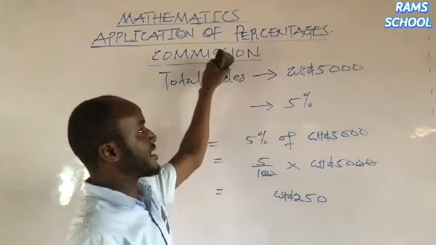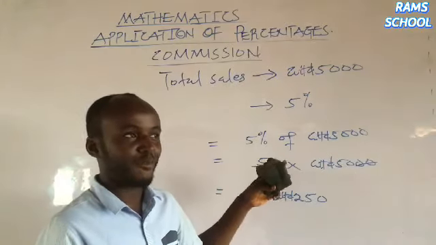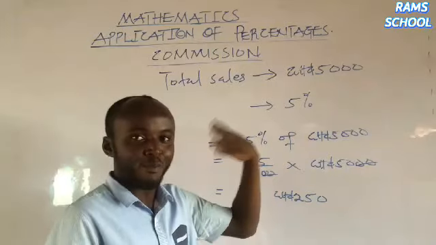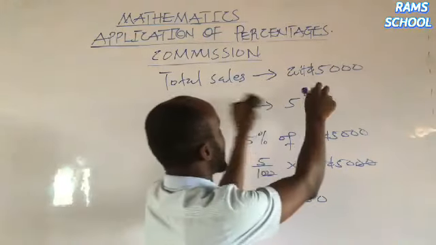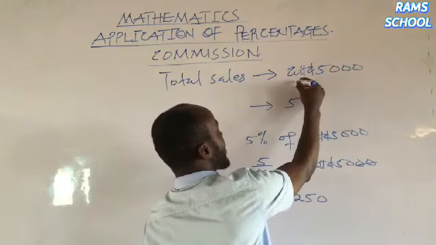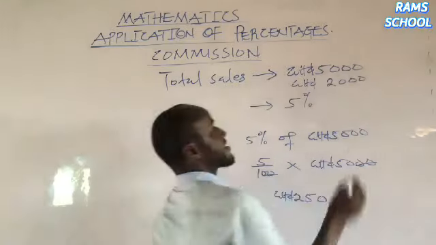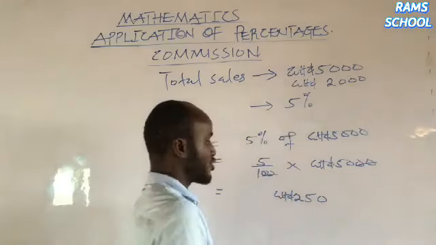So in this commission, it means that the more you sell, the more you get an amount of money. So if you sell more, your commission is going to increase. Assuming Erica was able to sell 2,000 Ghana cedis. Let's see her commission. They say 5%. Let's see what she's going to get.